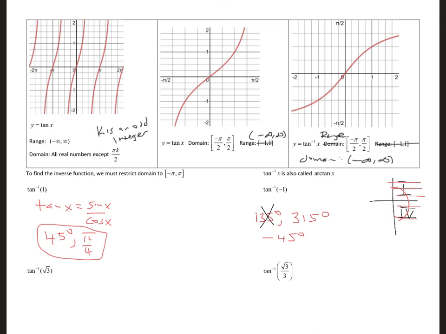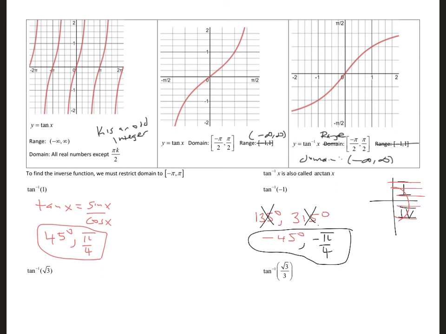And 315 is in quadrant 4, but it's not between negative 90 and 90, so it doesn't qualify. The only one which qualifies is negative pi over 4 or negative 45 degrees, because it has to meet the two criteria. It has to be in quadrant 1 and 4, and it has to be between negative pi over 2 and pi over 2, or negative 90 and 90 degrees.